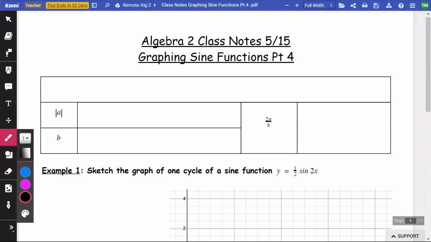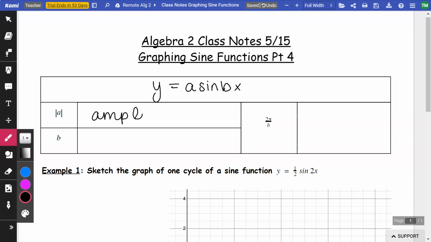Before we get started with today's lesson, I just put a little reminder of what we did yesterday at the top here. Our sine functions are going to be in the form of y is equal to a times the sine of bx, or b times theta. The absolute value of whatever a is the amplitude of our sine curve.